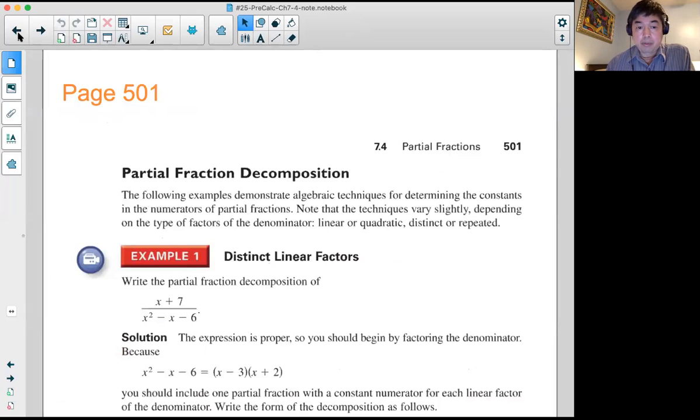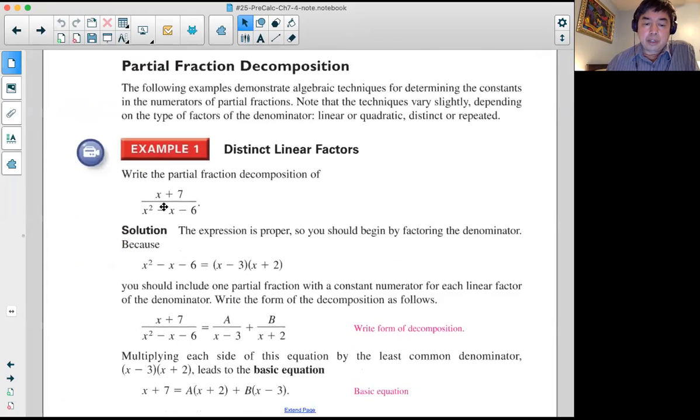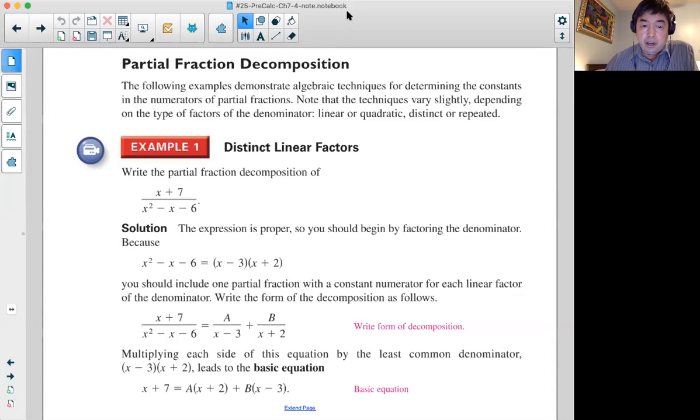This is the partial fraction decomposition, and I'm pretty sure you're familiar with example 1, where you create the partial fractions from the decomposition this way: A over one factor of the denominator, and you have to factor it.